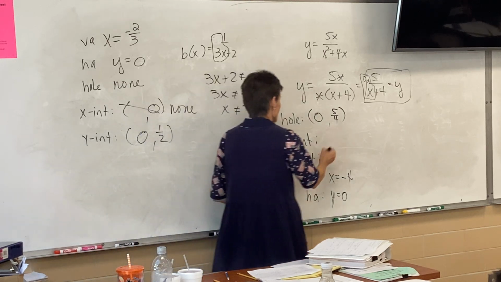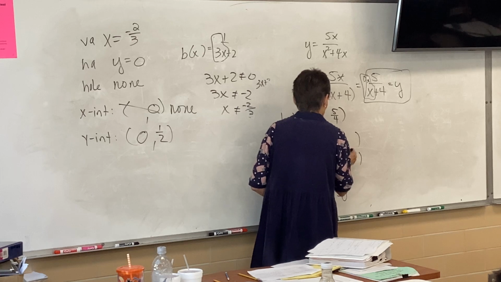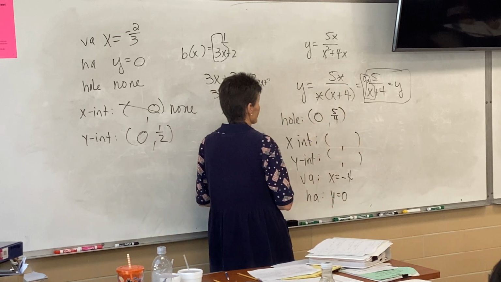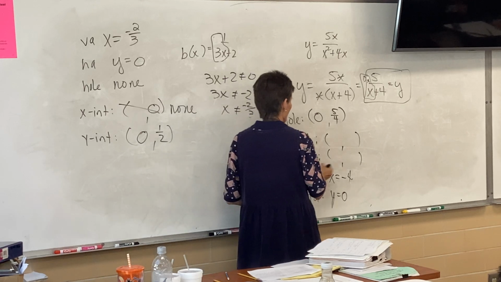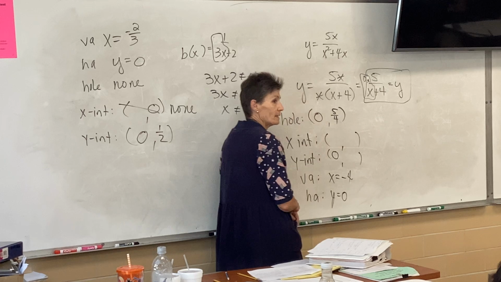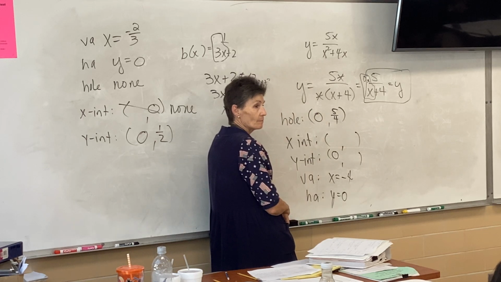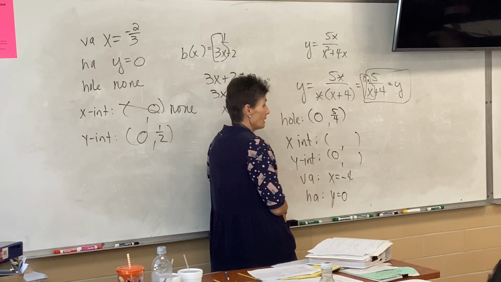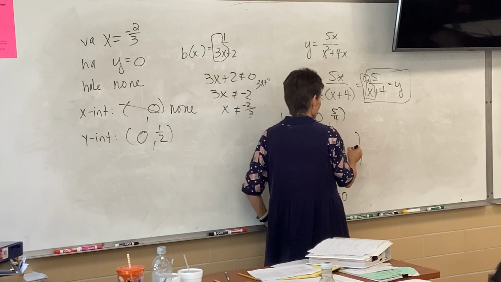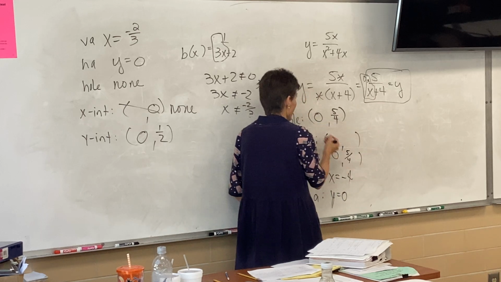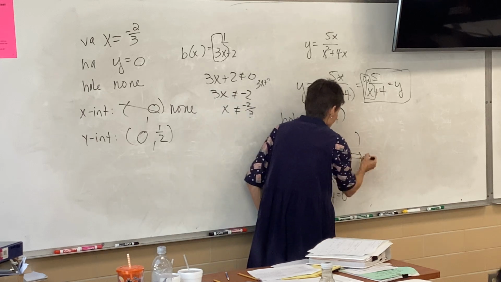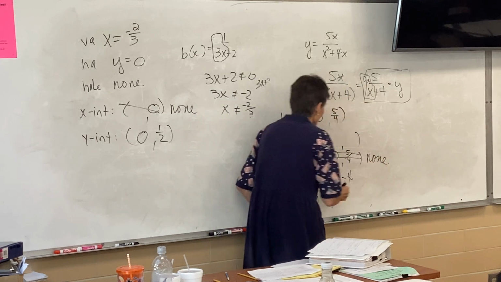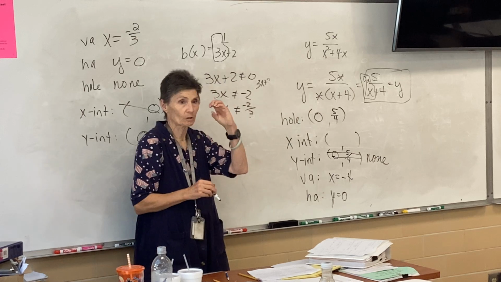All right, what about my intercepts? Now I have to be careful with this because to find my y-intercept, I want to plug 0 in, don't I? Yeah. And I can, and I get 5/4, but that really isn't a point. What is that? That's my hole, so that's really a none. Because when I graph a hole, what does it look like?